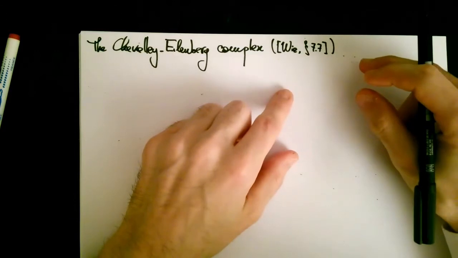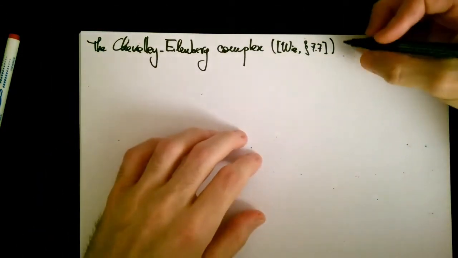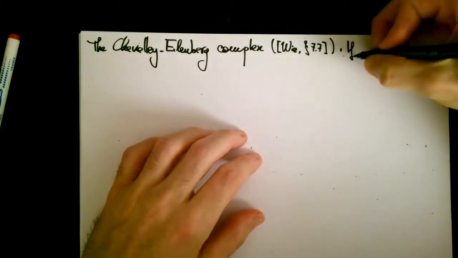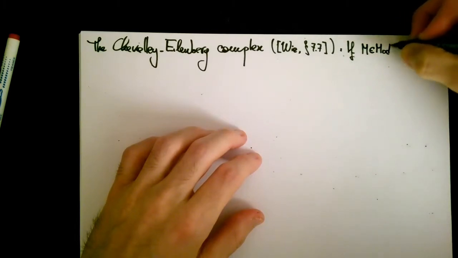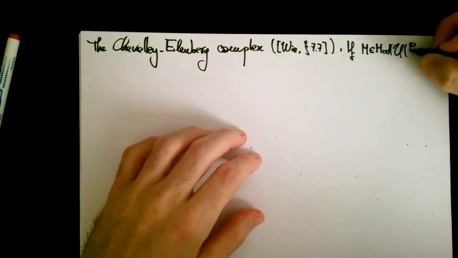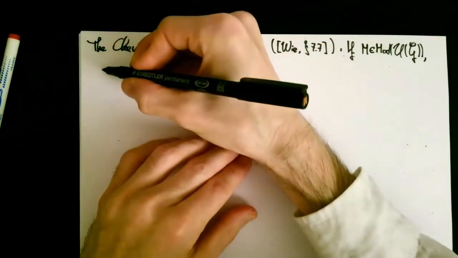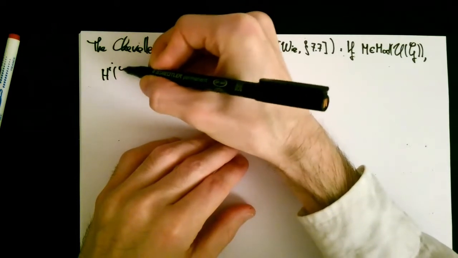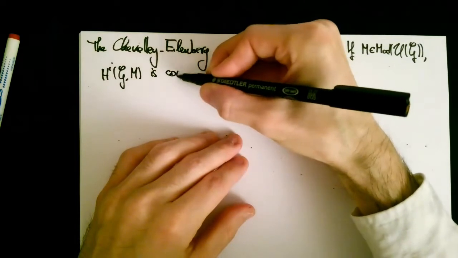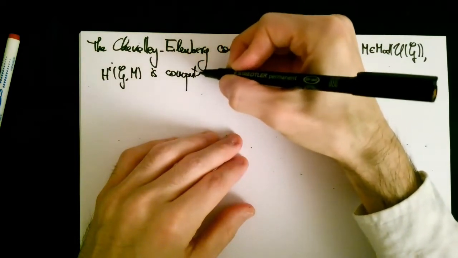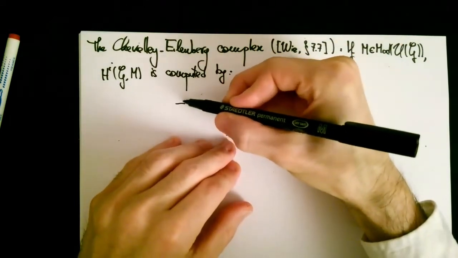So if M is a module over the universal enveloping algebra of a Lie algebra over a field, then the Lie algebra cohomology is computed by the following complex.